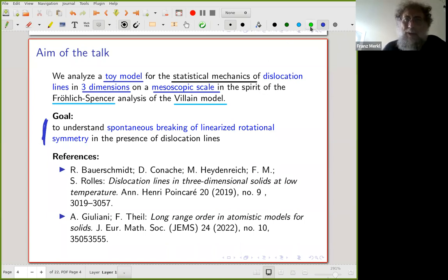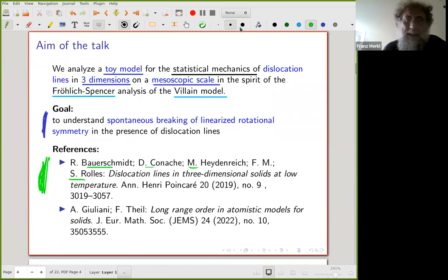So the work I'm going to tell you about is in this paper, Dislocation lines in three-dimensional solids at low temperature. It's just the same title as for my talk. As I mentioned, it's joint work with Roland, with Diana, with Markus, and with Silke.